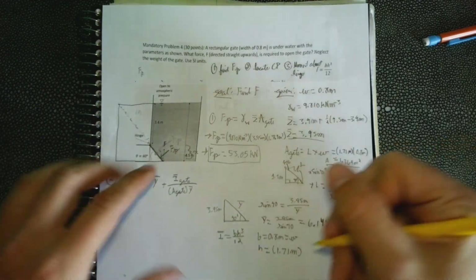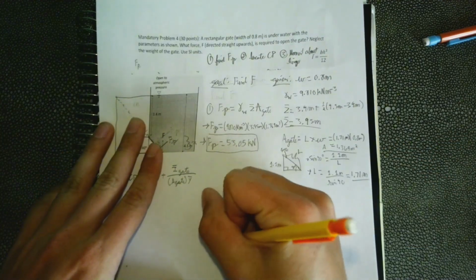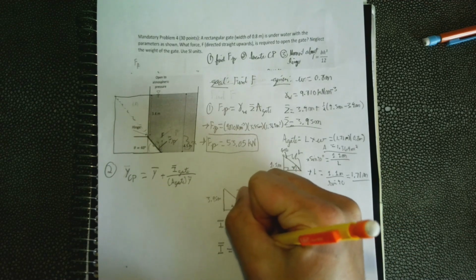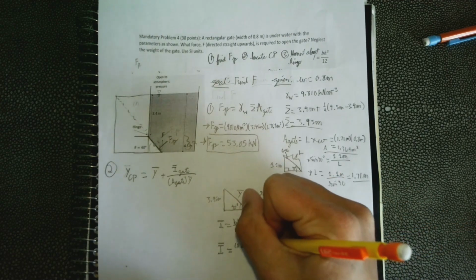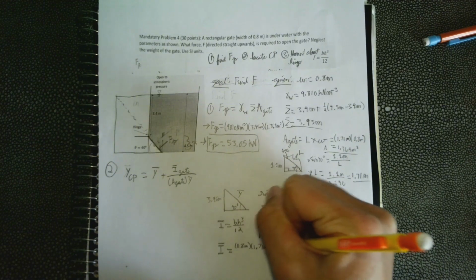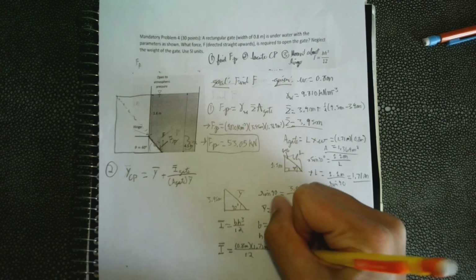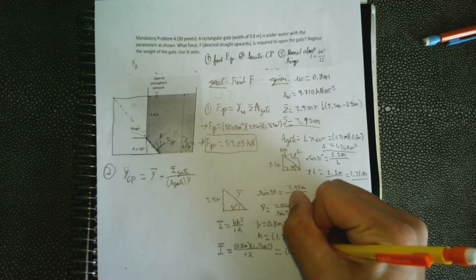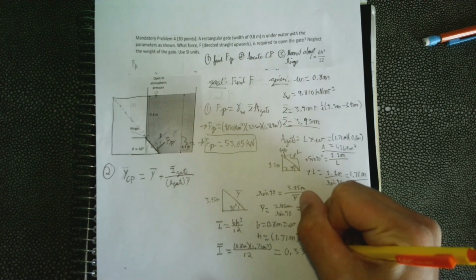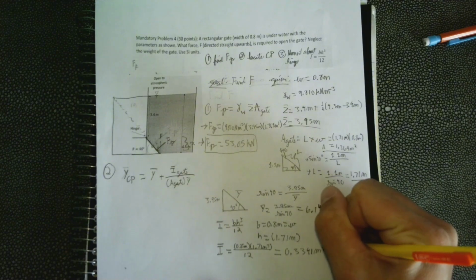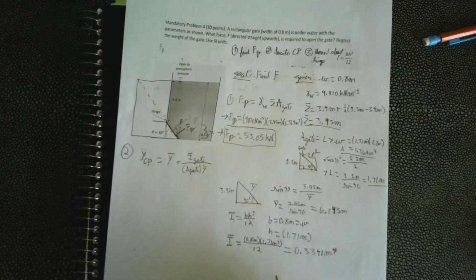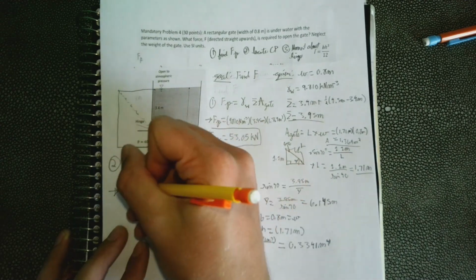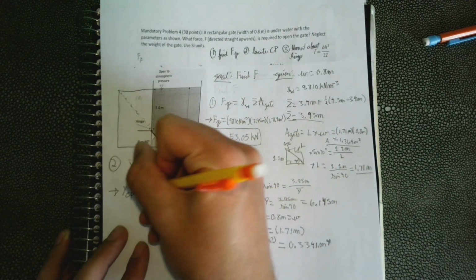Okay, so you plug that in. So we get, and that equals, put in the calculator, 0.3341 meters to the fourth. So we have all our values. Let's plug that in to find our slant distance to the center of pressure.